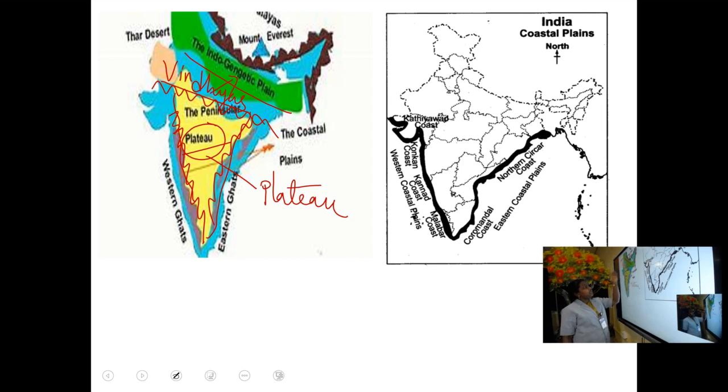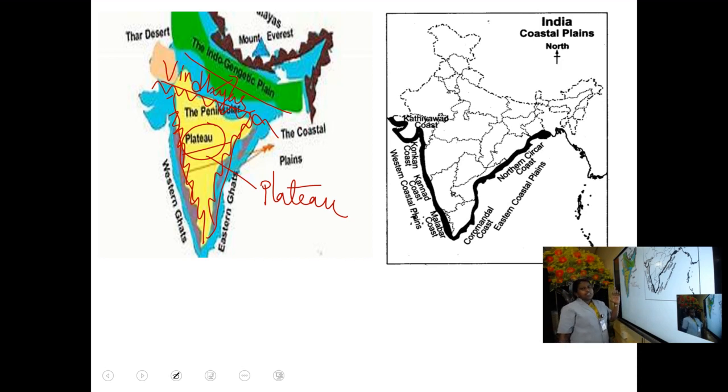Again, in the northern part, another two groups of plateau regions are located. They are called Malwa Plateau and Chota Nagpur Plateau. You just remember the names Chota Nagpur Plateau and Malwa Plateau. Then in the southern part, we have the Deccan Plateau.